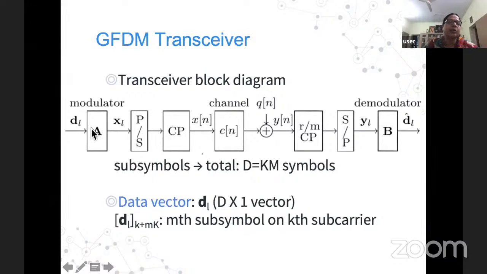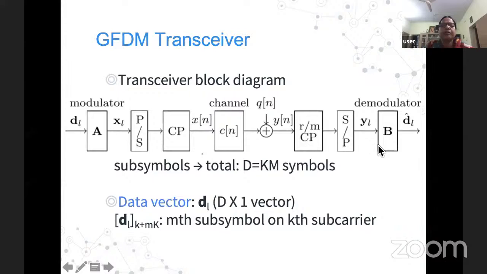This A is your modulator, the GFDM modulator. At the receiver, we receive through the channel, remove the cyclic prefix, do serial to parallel conversion and use a demodulator. The demodulator is functioning on B and estimates your data symbols. So A is a modulator and B is a demodulator.